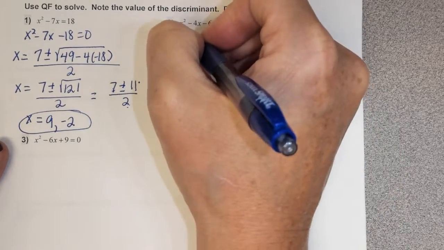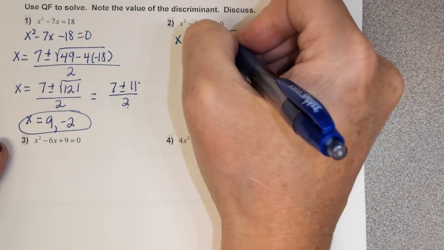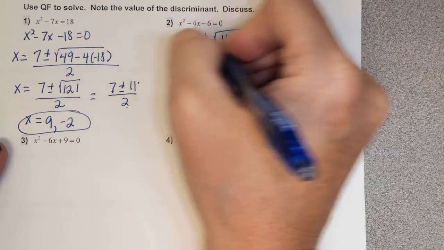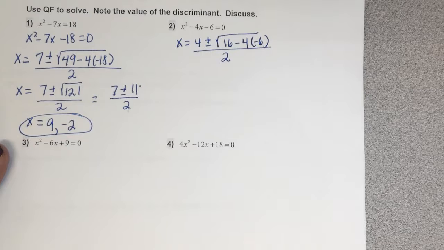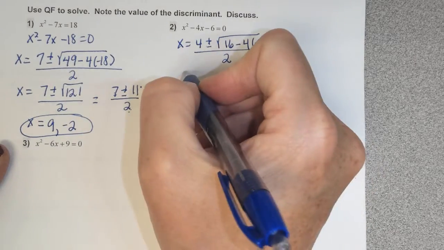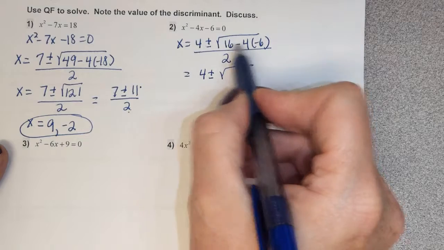X equals negative b plus or minus the square root of b squared minus 4ac all over 2a. I'm just going to say it a million times so you'll know it. All right, so now we've got 4 plus or minus. Anybody know what's under there? Can you do it real quick?